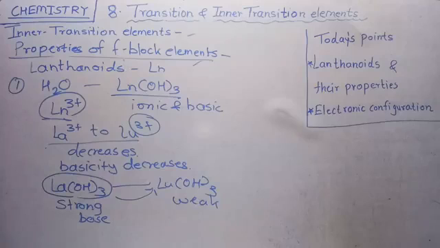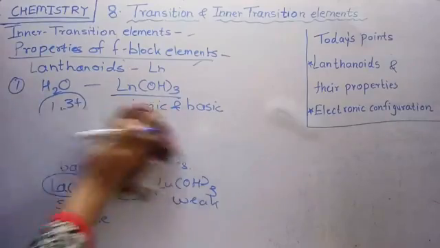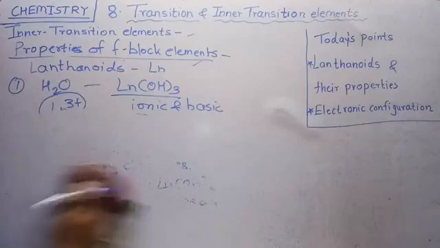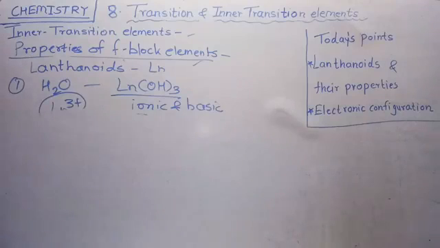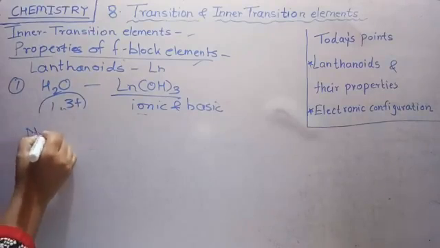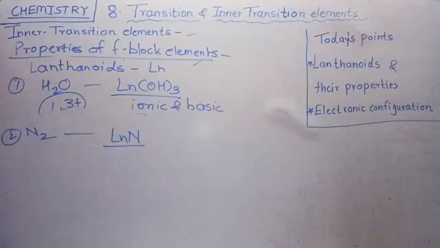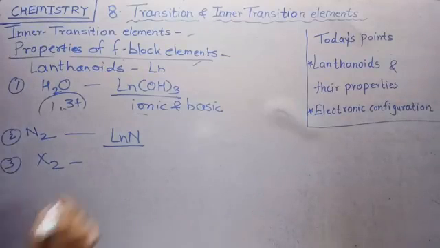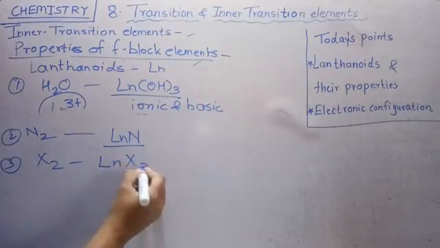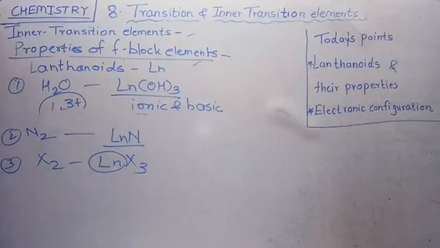Okay? Then there is the next property, with nitrogen. The lanthanoids react with nitrogen to form corresponding nitrides of type LnN. Then lanthanoids react with halogens to form corresponding trihalides of type LnX3, where Ln is the lanthanoid element.